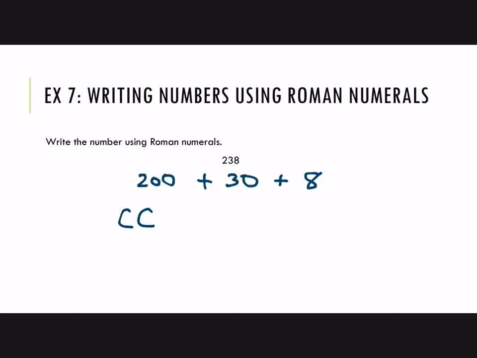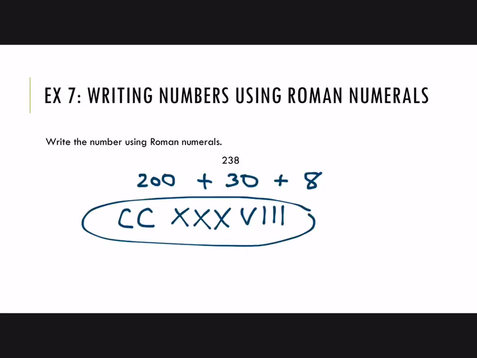Okay, so I don't need to worry about that one. 30 would be 3 10s, X, X, X. And then 8, I need to break that down into 5s and 1s. So that would be a 5 and 3 1s. And it's not 4 1s, so I don't need to look for a shortcut. And this would be the final answer.